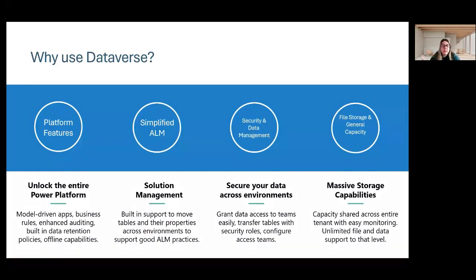Then security and data management. You can easily grant data access to the teams, transfer the tables with security roles, and configure access teams. We are going to see this next class, but you can easily configure data access as you wish. Let's say you have 5 teams that you need to grant access to, but not everything.